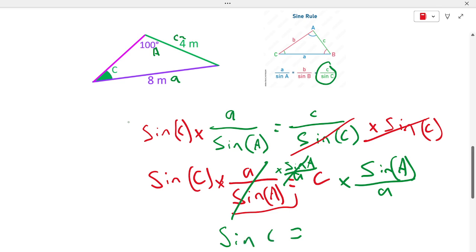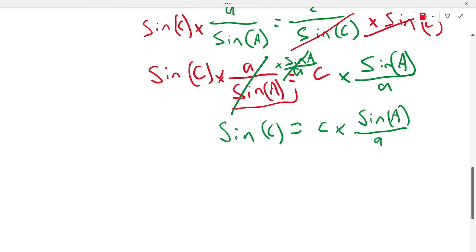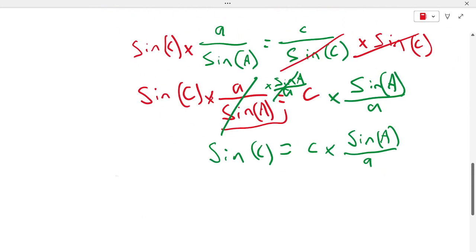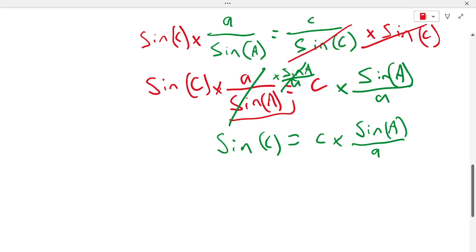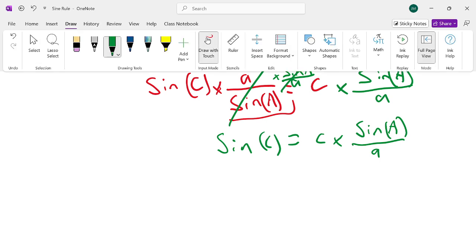So that leaves us with sine C is equal to side length C times sine of A over the side length A. Now we can rearrange, we can get rid of the sine function to just get C on its own.